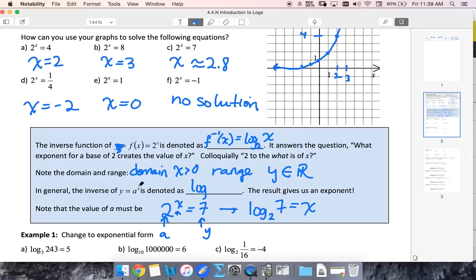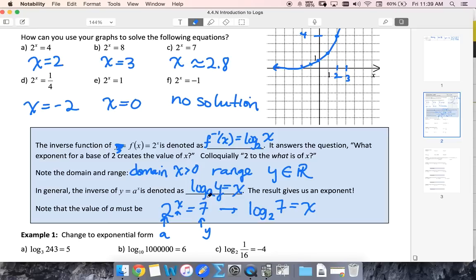So switching this one around, log base a of y, because that's the final answer, is the exponent. So the answer to a log gives us an exponent. That's why it can be any real number. Positive, negative, fractions, doesn't matter. Any real number.